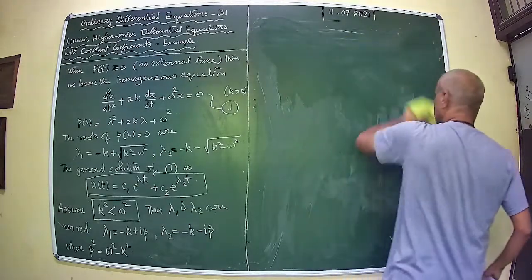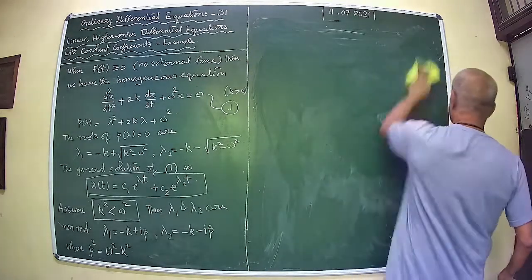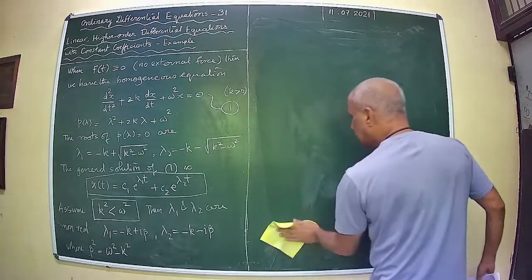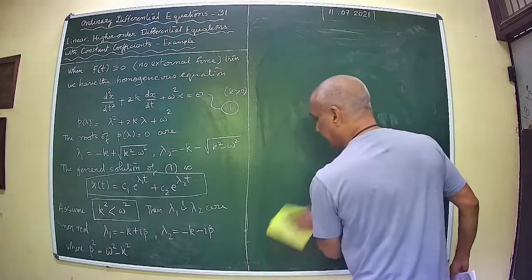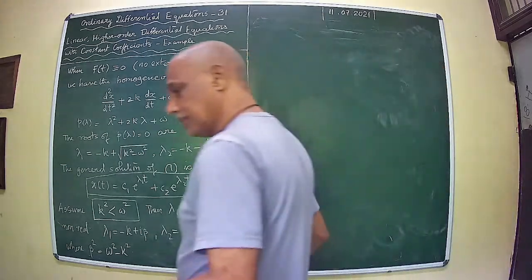You have already seen that if the coefficients are real, then the complex roots occur in conjugate pairs. That's what we see here.